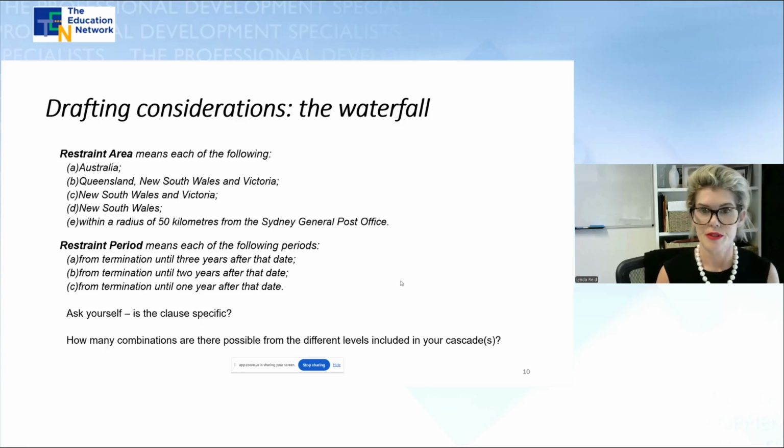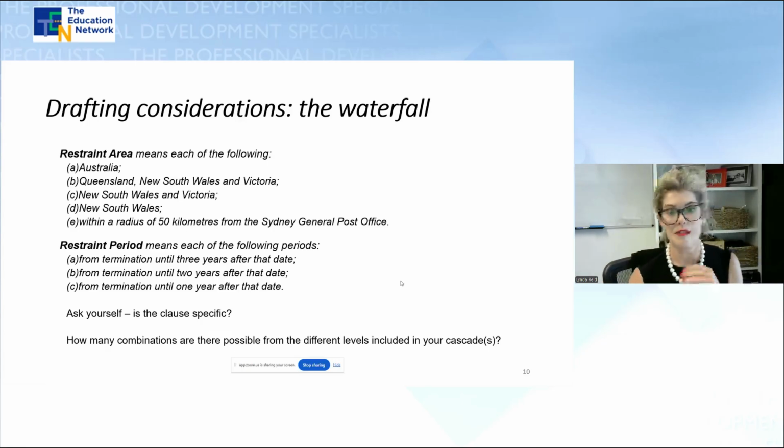If I was trying to restrain somebody from doing certain things in a particular area, I was operating across the eastern seaboard, I might have in my cascade of restraint areas these different options. So the first thing that I would be seeking to restrain this person from is from being engaged in activities that are in competition with my business in Australia.